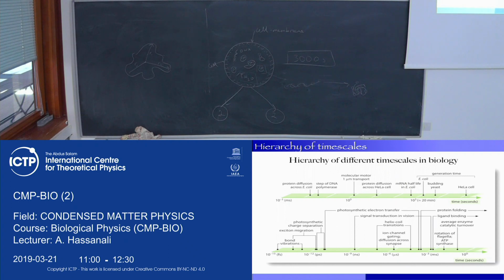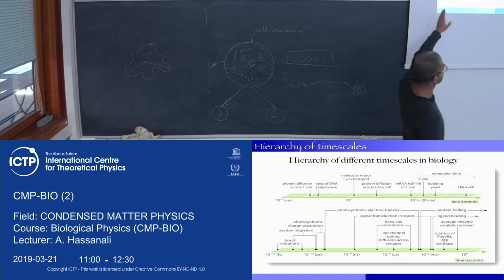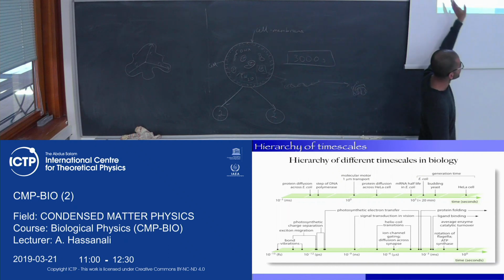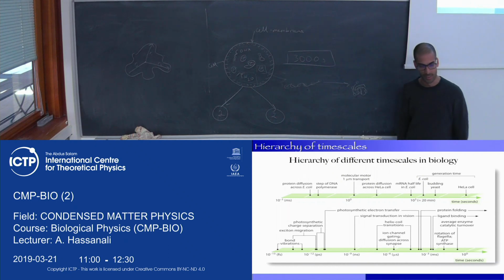It's because you've got a hierarchy of length and time scales that you have to deal with. For people trying to develop models to understand biological problems, you're stuck with this challenge of having to deal with things on lots of different time scales.